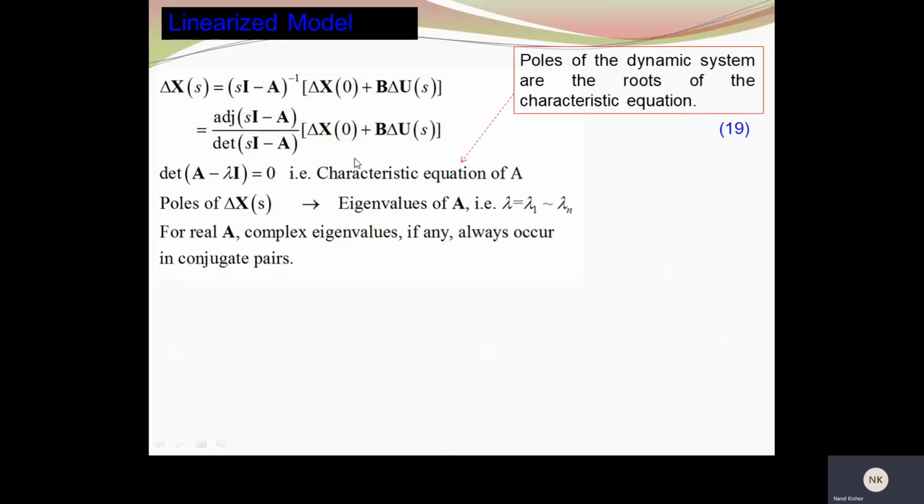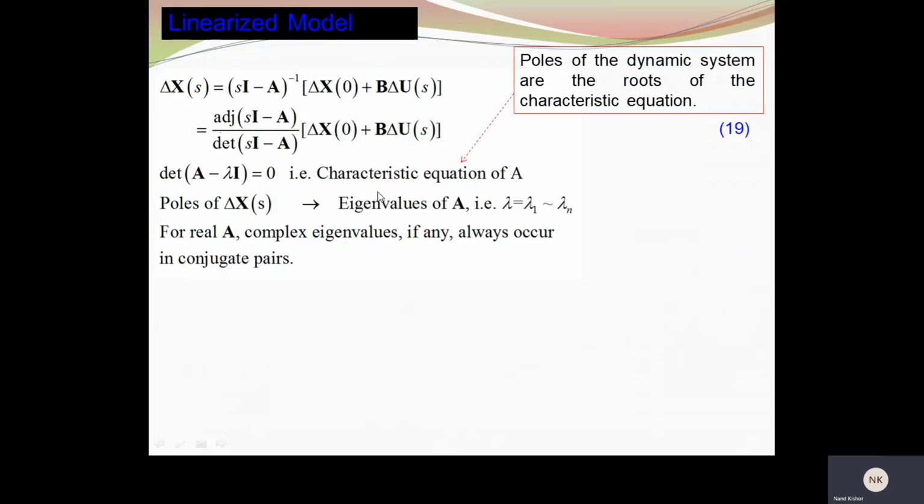Now, in this equation, we have the delta x with the Laplace variable s as this one. And then ADJ refers to the adjugate and DT refers to the determinant here. And thus the determinant of A minus lambda I is equal to 0.